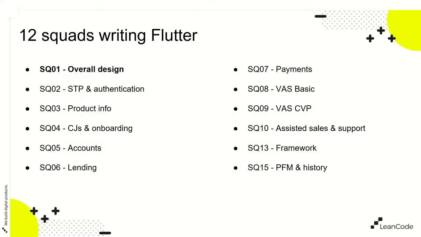All developers were divided into squads. I was in squad 01, as you could already hear. There was also the framework squad that was a little bit more special, just as squad 01 was, from the other ones, as the other ones were more business related. And each squad was rather independent in their work, with the exception of those two, obviously.